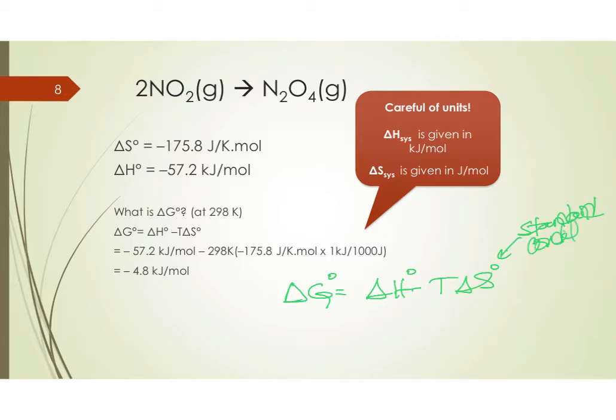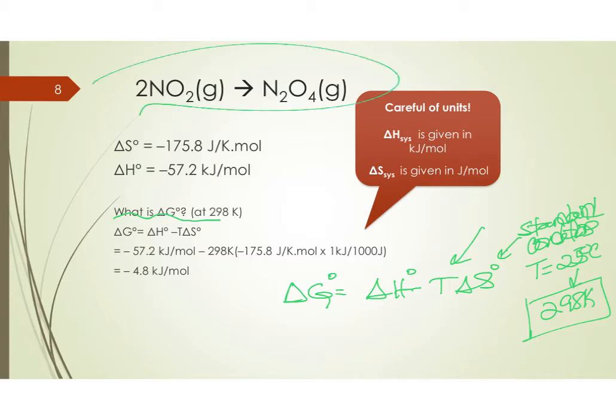What do we mean by standard conditions? Well, the important thing to remember here is the temperature: room temperature, 25 degrees Celsius, which equals 298 Kelvin. So go ahead and make sure you can calculate delta G under standard conditions for this process. The values are given here.